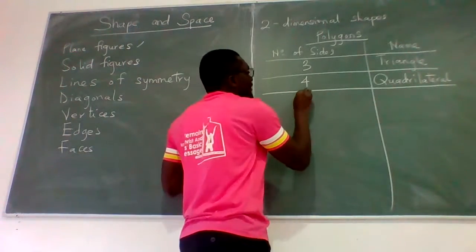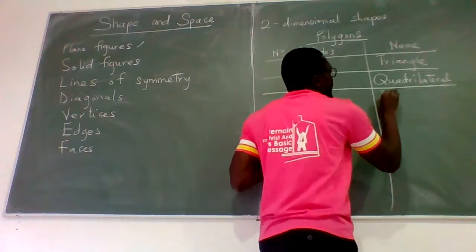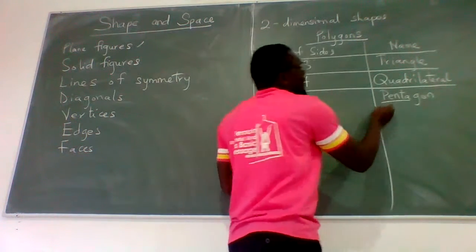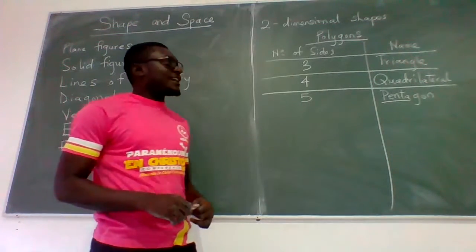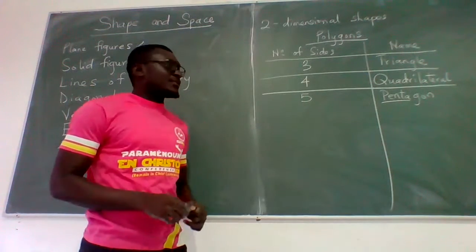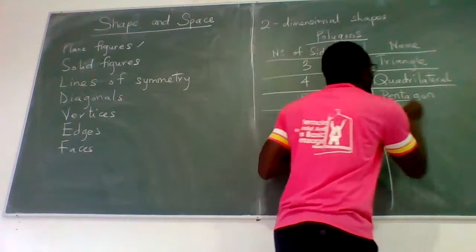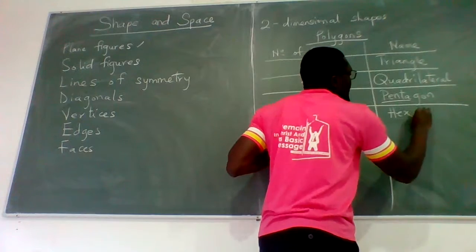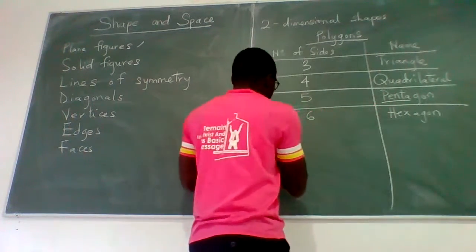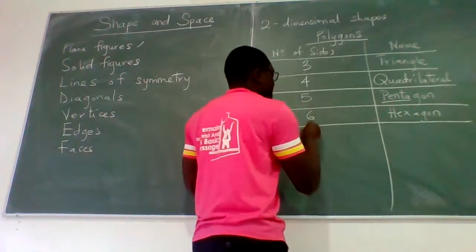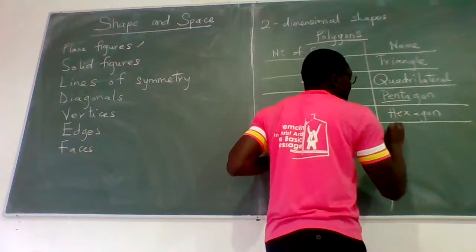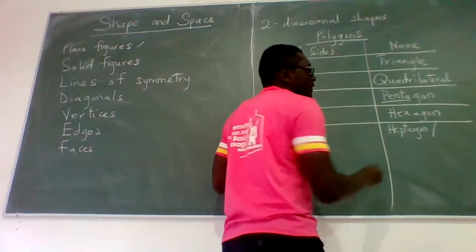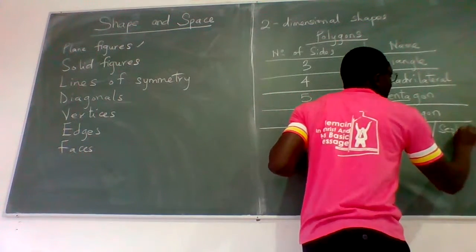The next one we have is with 5, and it is called the pentagon. So the penta there means 5, so yes, pentagon. The next is with 6, which is called the hexagon. The next one has 7 sides, and it is called the heptagon, or you can also call it the septagon.